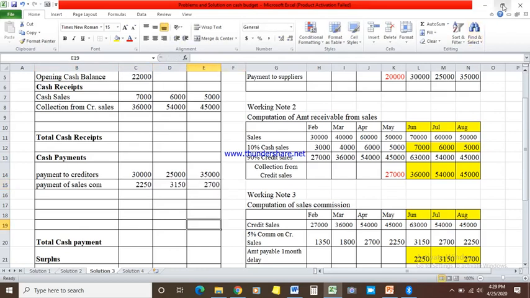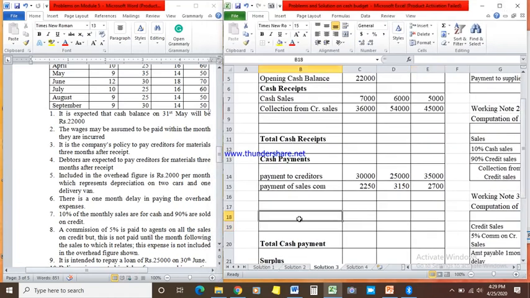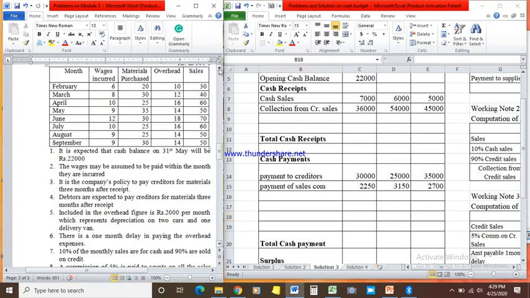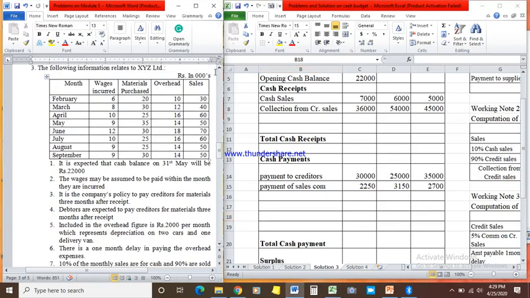Then I move on to the additional information. We have completed the cash balance. Then we have wages, assumed to be paid within the month they are incurred, which means the payment is made within that particular month itself. So June 12,000, July 10,000, August 9,000.